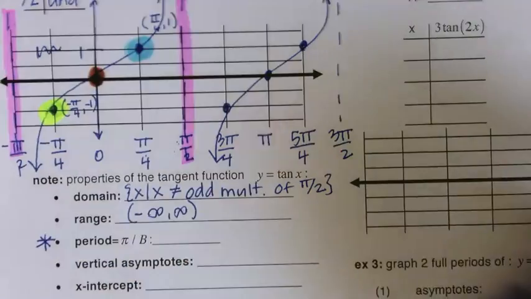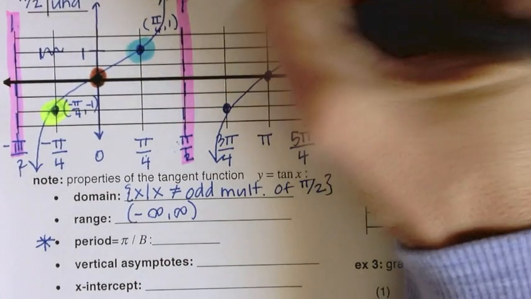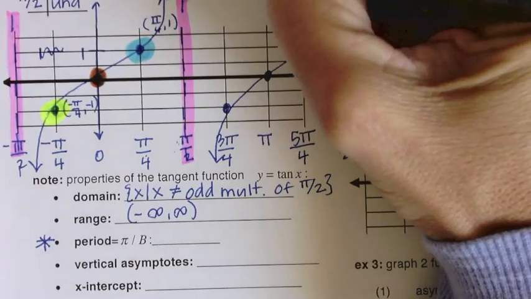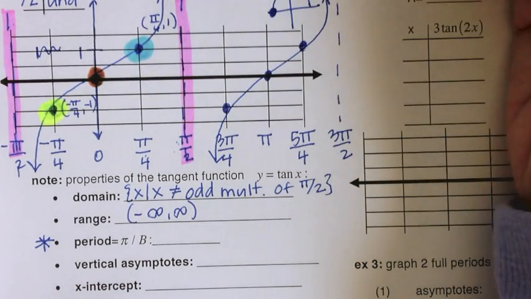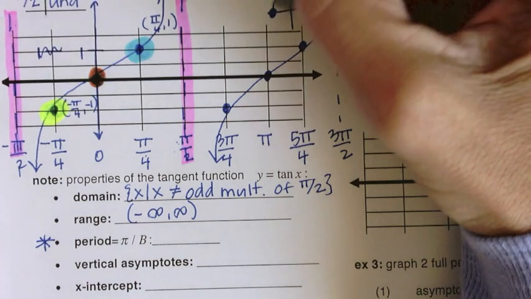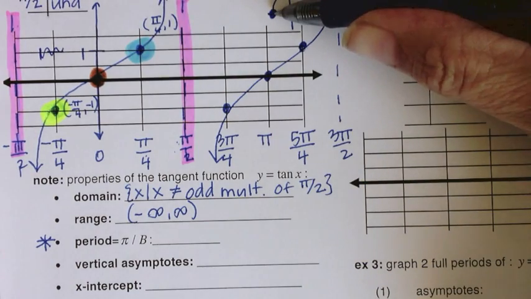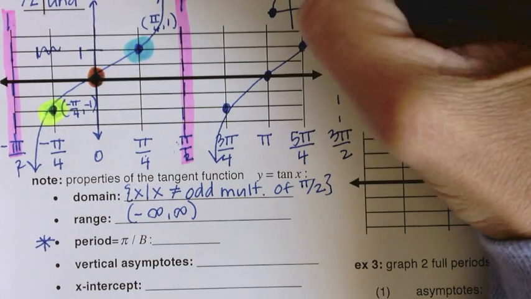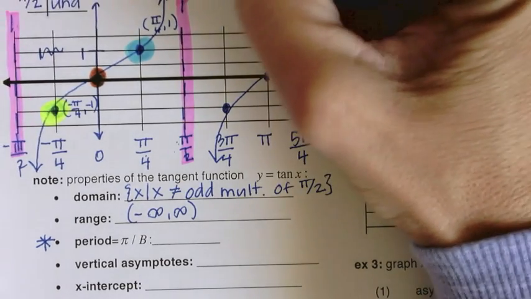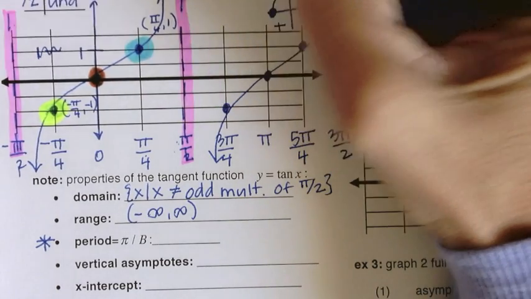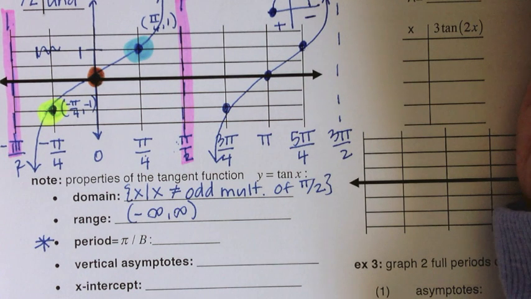So really, if you're looking at this in terms of the unit circle, it only takes a rotation through pi before it starts repeating its pattern. So here in quadrant 1, tangent is positive, and then in quadrant 2, it's negative, and then it's positive, and then negative. So it only takes pi, which is a huge difference. So you have to be aware of that.